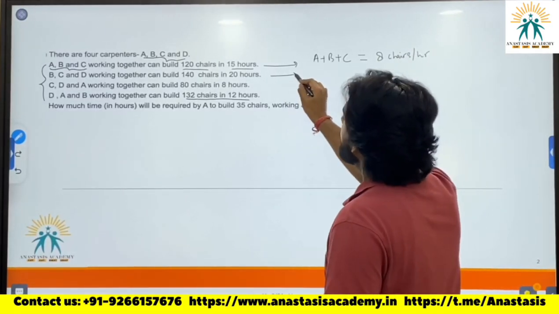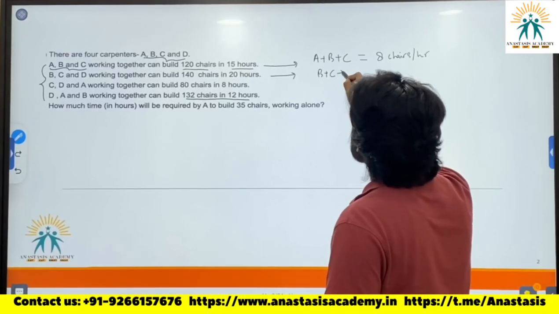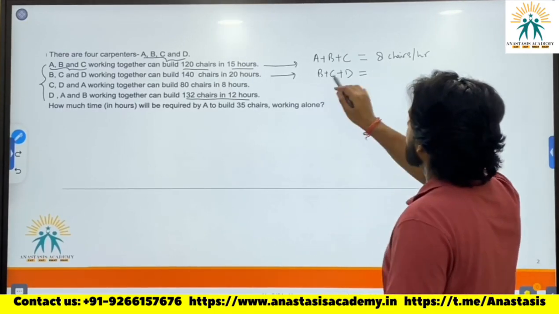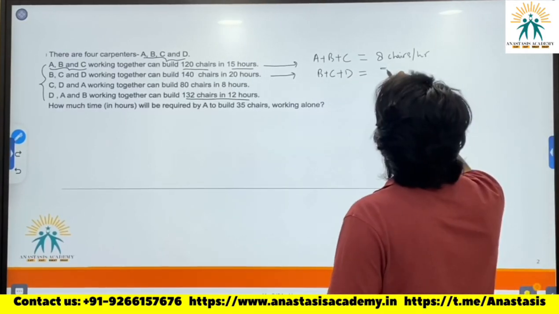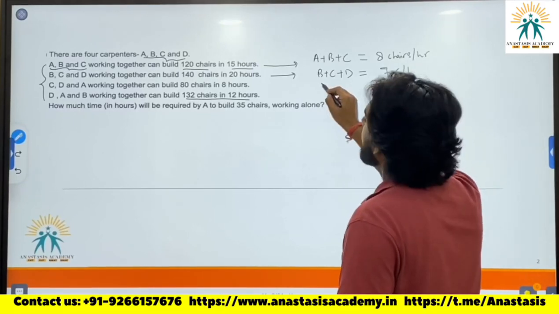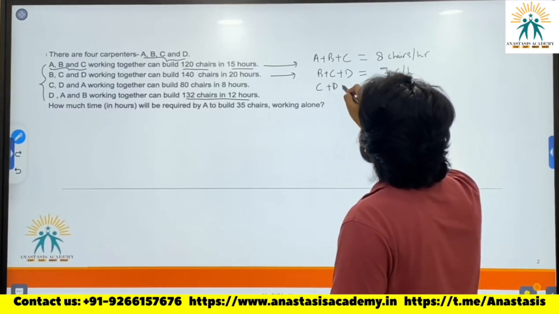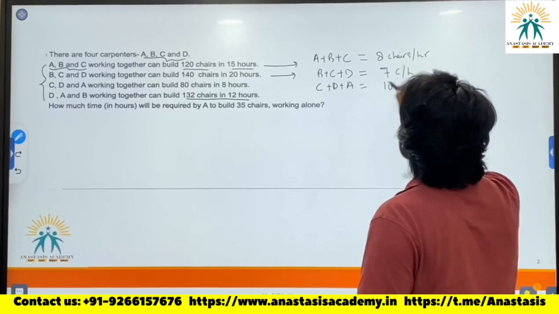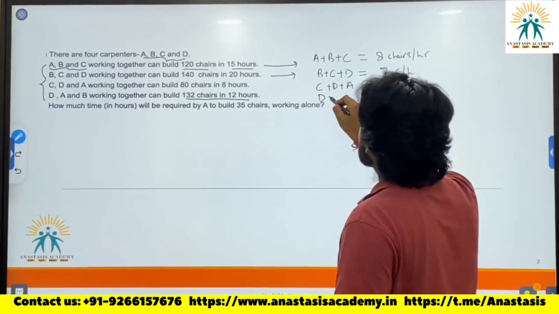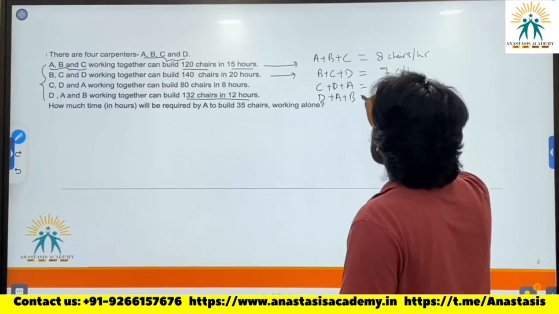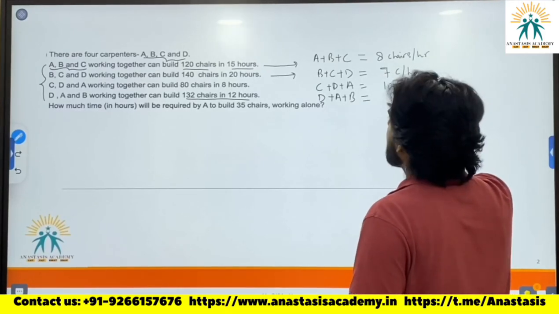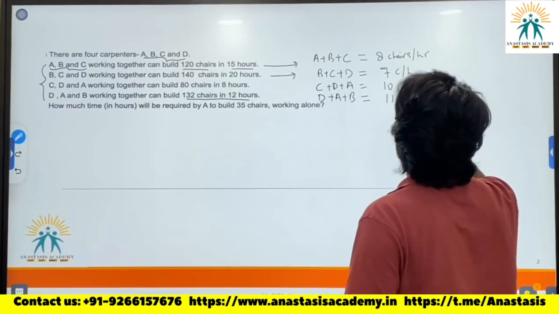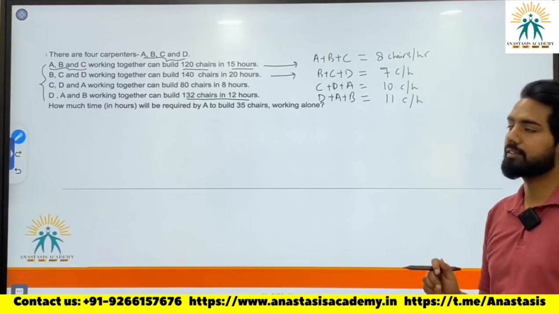Similarly, for the second group, B plus C plus D is making 7 chairs per hour. Then C plus D plus A is making 10 chairs per hour. And last, D plus A plus B is making 11 chairs per hour. It is given.